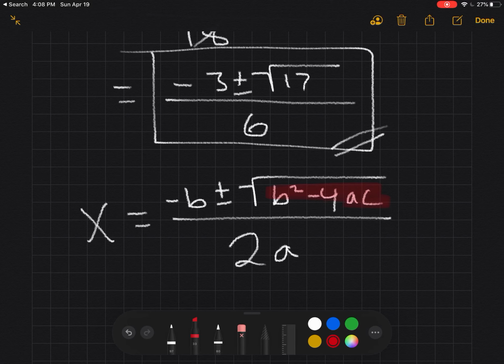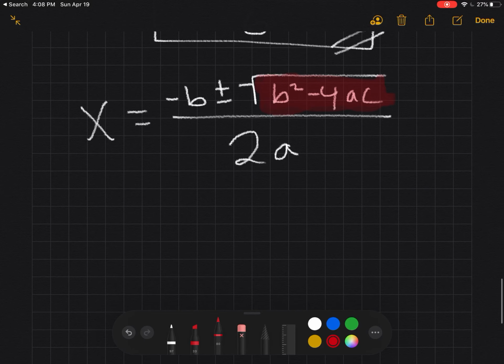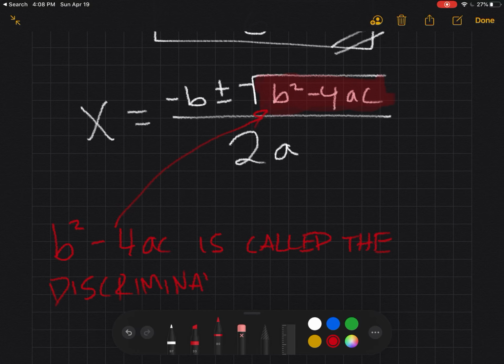Great. So I do want to point out something to you about the quadratic formula. So we have x is equal to negative b plus or minus the square root of b squared minus 4ac all over 2a. This part of the quadratic formula is so important and special that it has a name.